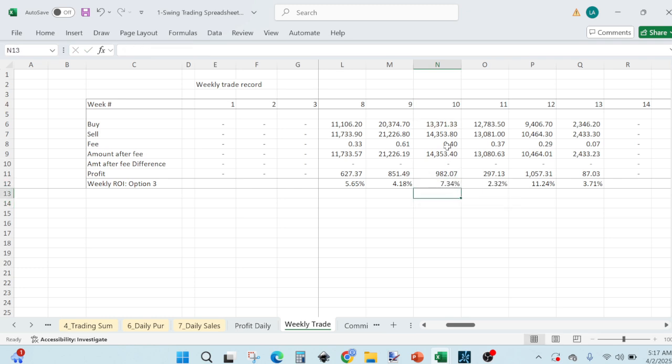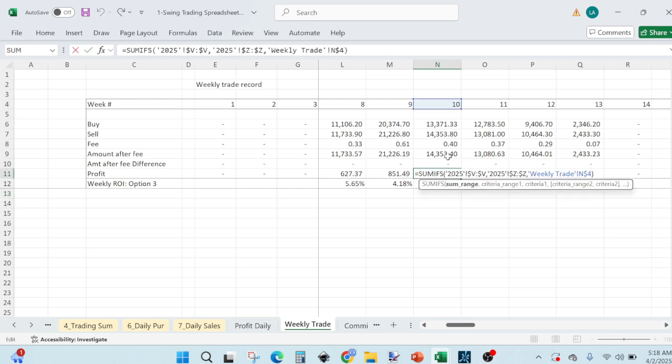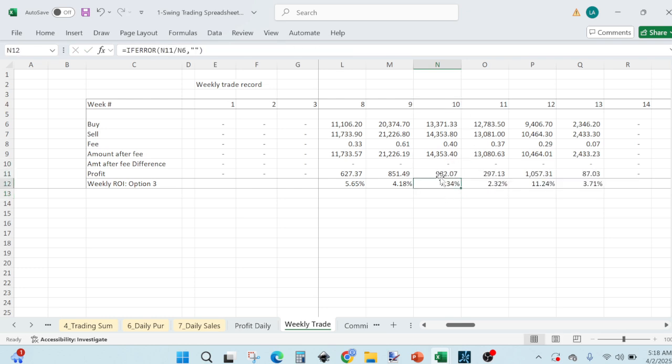It should have taken the fee into consideration, but it didn't. Let me do it again. It's pulling it from elsewhere there, and the profit took the fee into consideration, but I think the base should have taken it into consideration as well, but the fee is small.